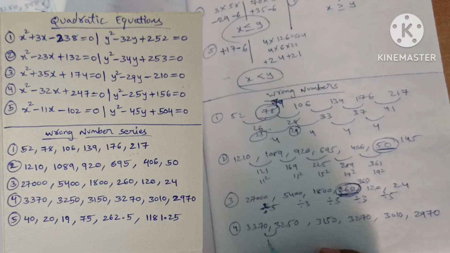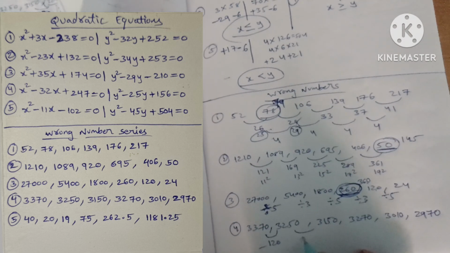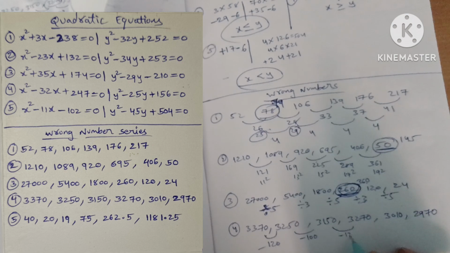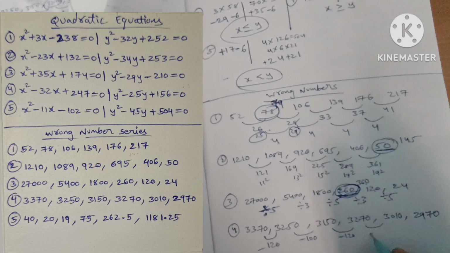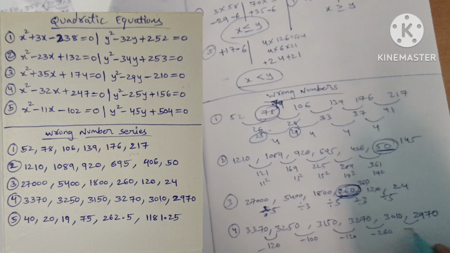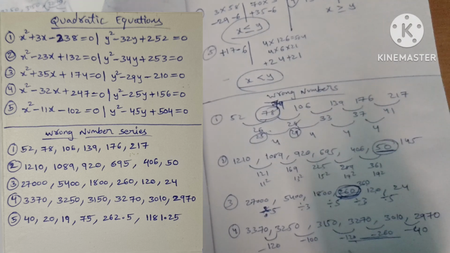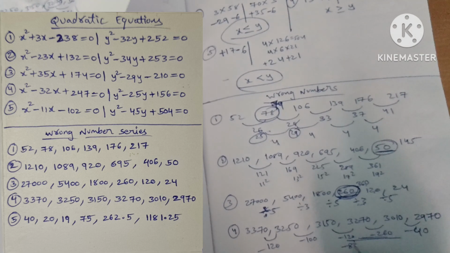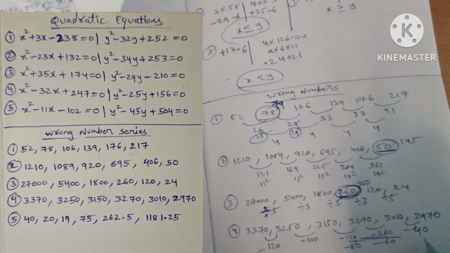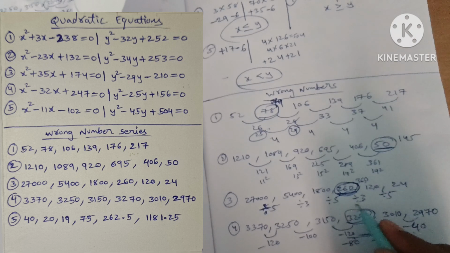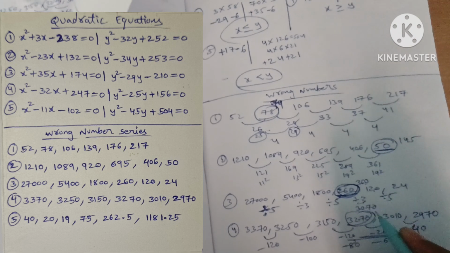Here the difference is minus 120, minus 100, minus 120, minus 260, minus 40. Here the difference must be wrong. So if it is minus 80, here minus 60, here minus 40. So the wrong number is 3270, which must be 3070, which is the right number.